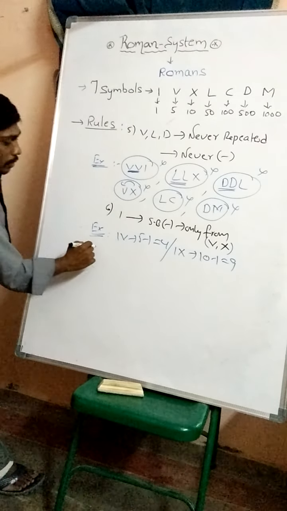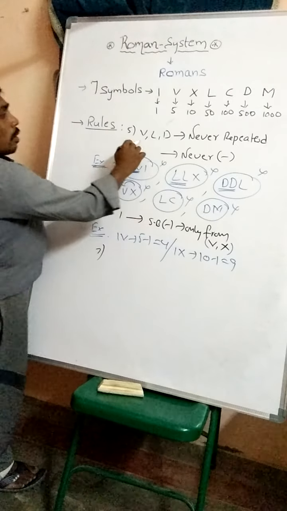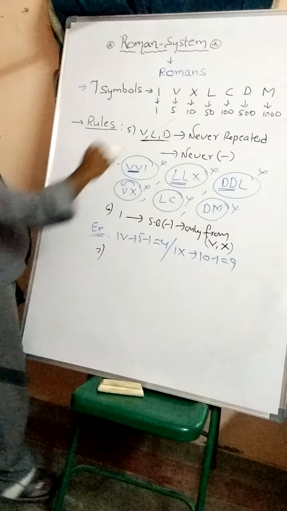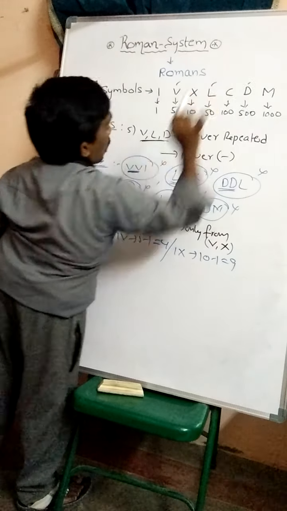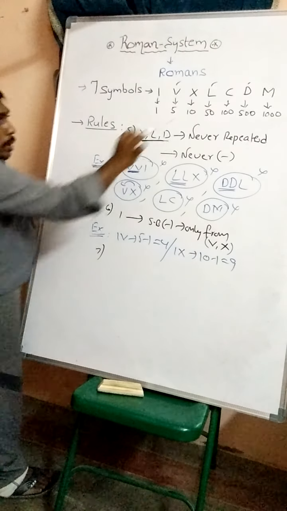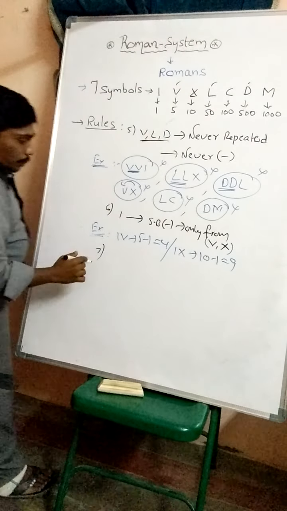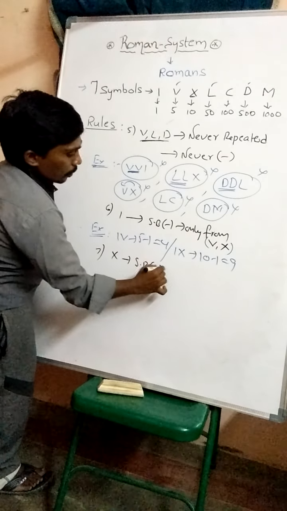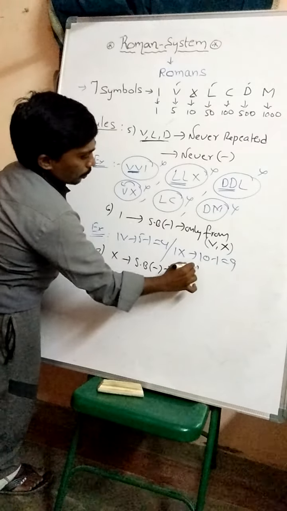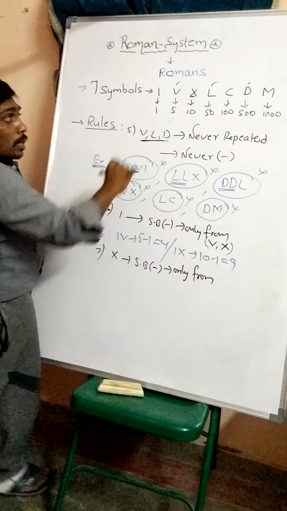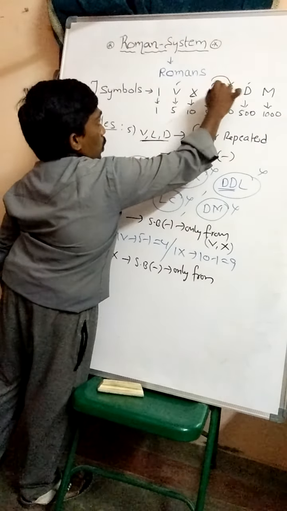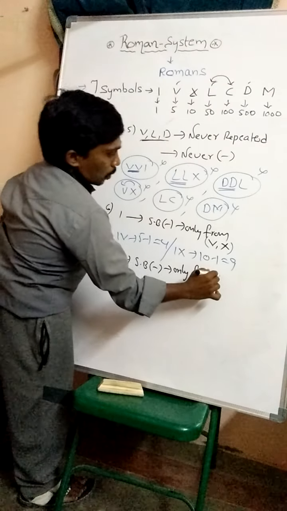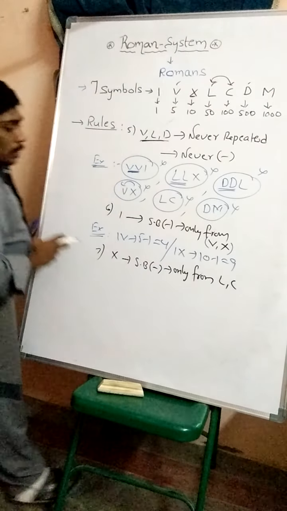Next, the seventh one. I already told you V, L, D are never repeated and never subtracted, and what remains? X. X is subtracted only from two symbols. What are the 2 symbols here?